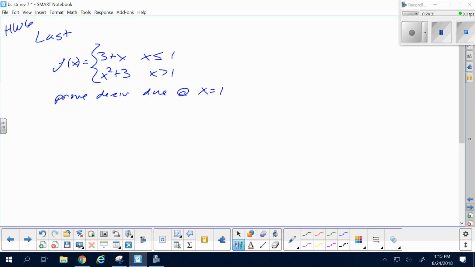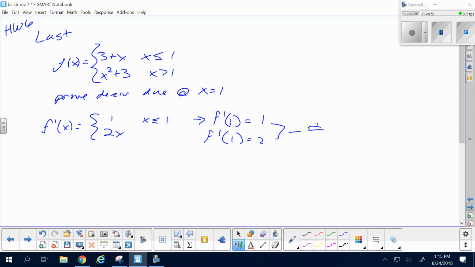Okay, so thank you. Let me tell you what absolutely is not the case. You cannot say, hey, f prime equals 1 and 2x, and hey, looky there, f prime at 1 is 1, but here f prime at 1 is 2, and boom.